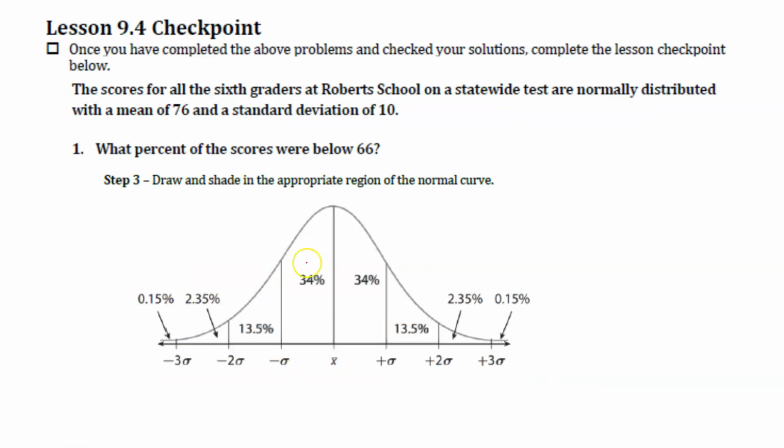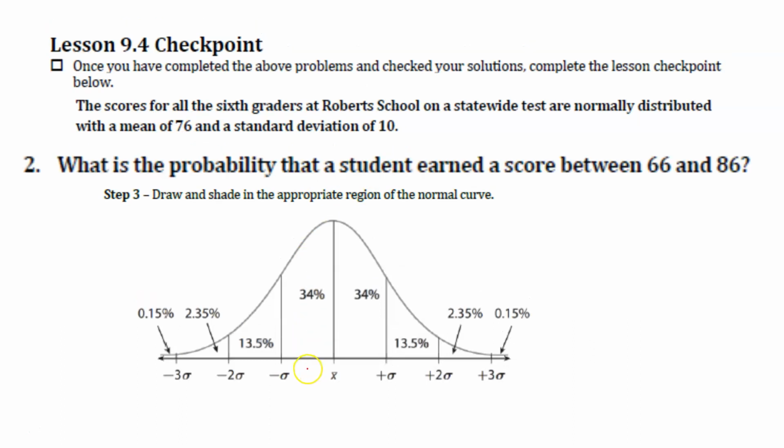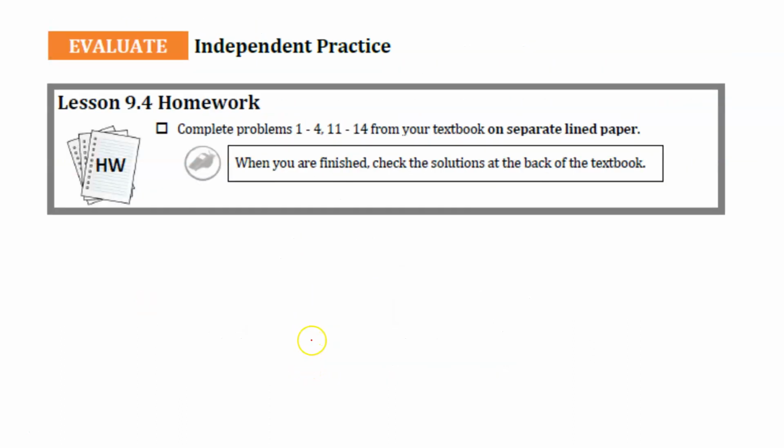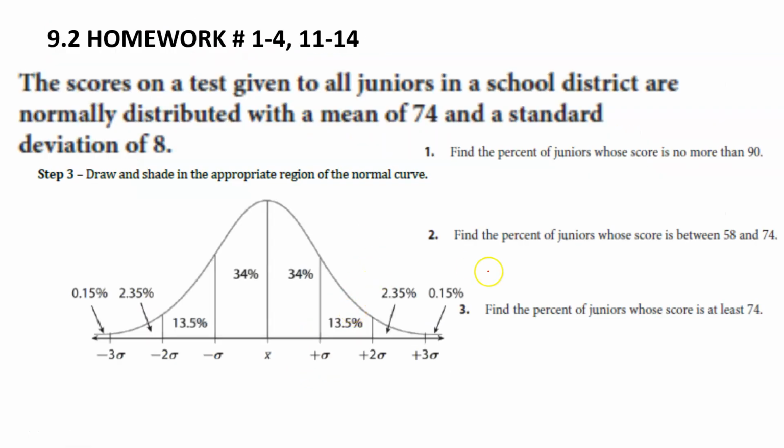The standard deviation problems are asking us to do the same thing. We're going to be given a mean and standard deviation, and we're going to be asked to find a couple of questions. So go ahead and do that. For the homework, which is from the textbook, it might be helpful to again use a standard deviation picture, which is why I use that there. A couple of words that might be new from the lesson are the words no more than and at least.